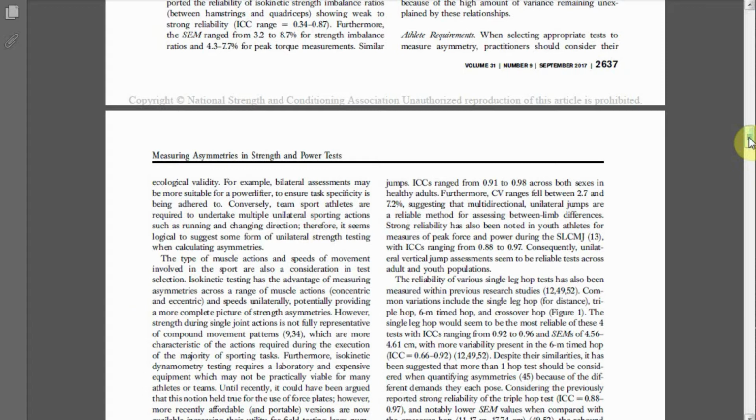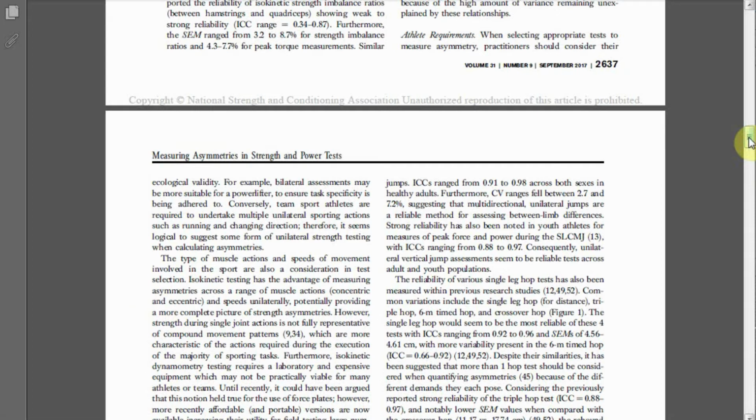And that's probably, in some instances, relatively obvious, where a powerlifter probably needs to be tested for asymmetries in strength, if it's deemed warranted, of course, during a bilateral test, because that's very much what they do. However, in field sport athletes or team sport athletes, where there's perhaps no obvious distinction between bilateral or unilateral, perhaps both or maybe even unilateral could be suggested.